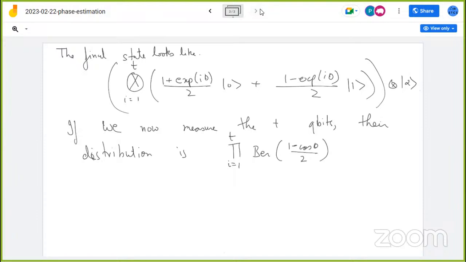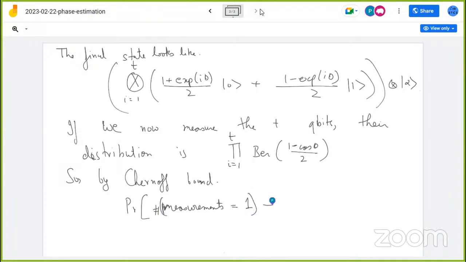Now, if you count the number of ones, you basically get that by the so-called Chernoff bound. The probability that the number of measurements equal to 1, minus (1 minus cosine theta by 2), is less than or equal to delta, is at least e to the power minus 2 times n t squared.